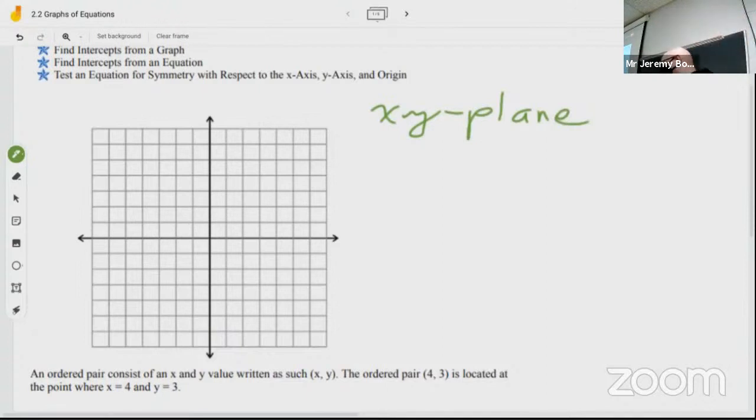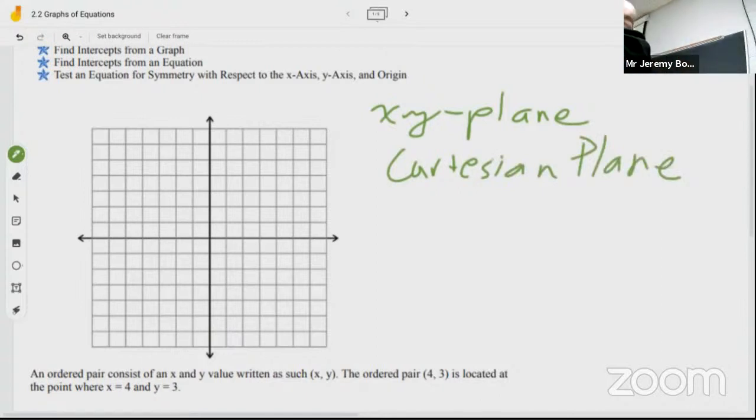The other one is the Cartesian plane, or the Cartesian coordinate system. We'll use both when we refer to it. Mostly we'll just call it a graph, because that's the simplest way. But those are some different names for it.